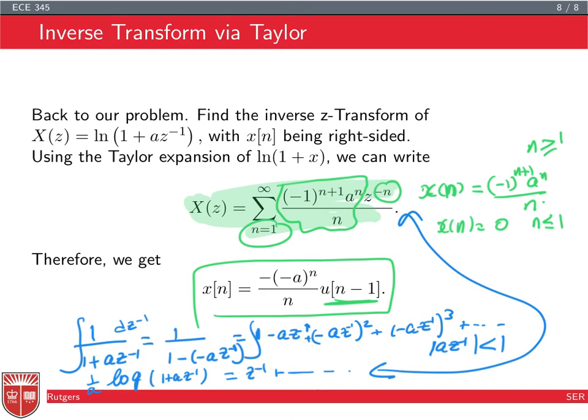So to summarize what we have: if the function is not rational, then maybe you want to try to express this function as a power series, and then once you express it as a power series, inverting it becomes straightforward. Now, how would you transform it into a power series? There are two ways. Either you apply mechanically the Taylor series formula, meaning the Taylor series expansion of f(x) at a is equal to f(a) plus f'(a) divided by 1 factorial times (x minus a), and so on and so forth.